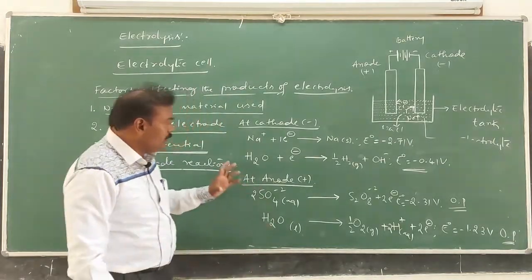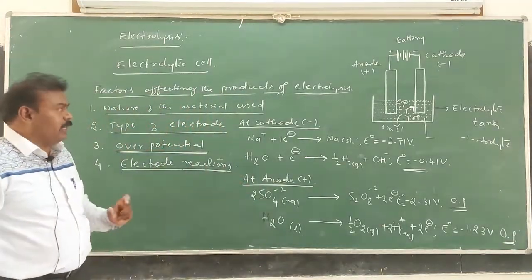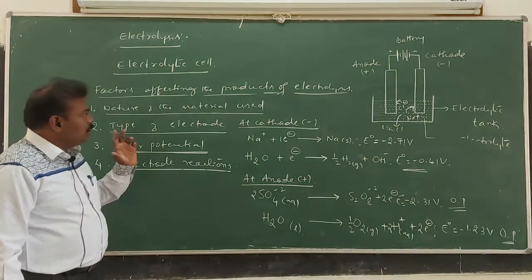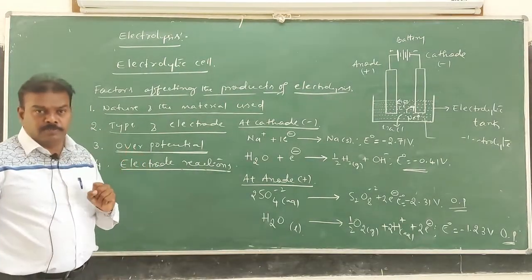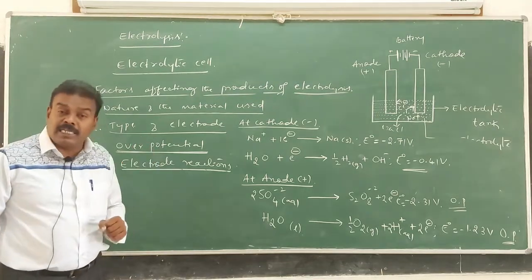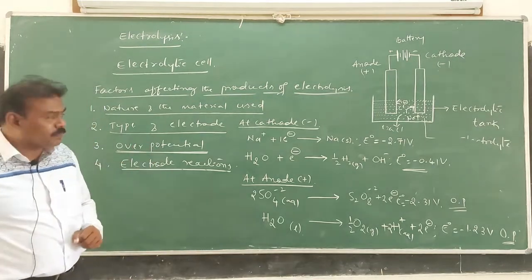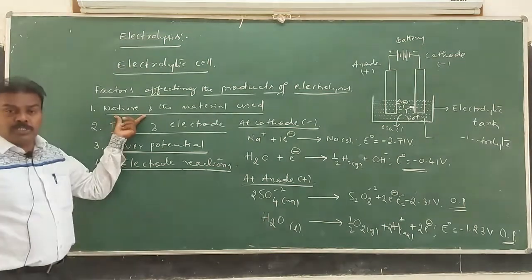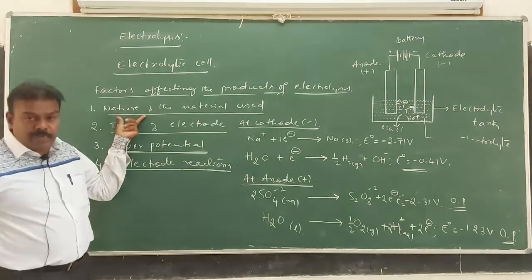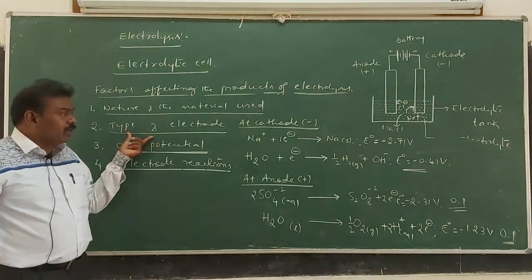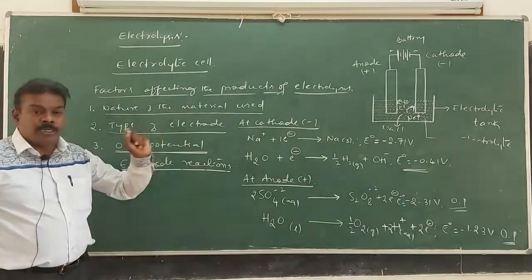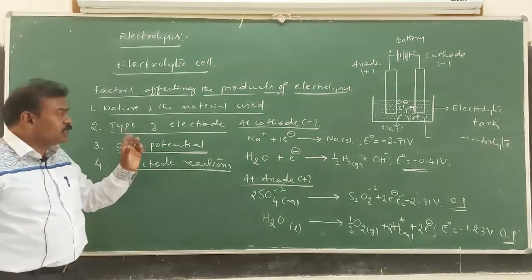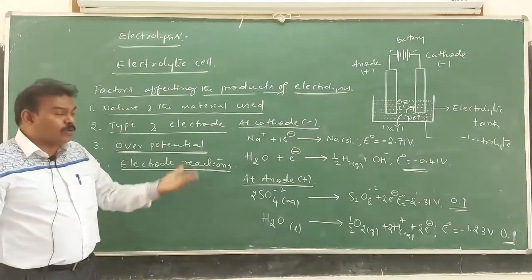So these are the points we should know very well regarding the factors affecting the products of electrolysis. What are the factors affecting the products of electrolysis? The nature of the electrolyte material, and the type of electrode, that is, active electrodes and inert electrodes.